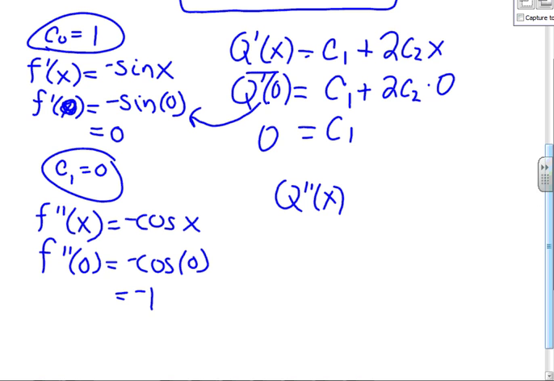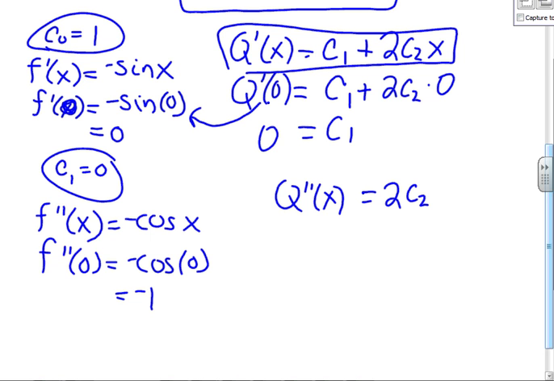Okay, I'm going to take the derivative of this one now. What's the derivative of C1? That's 0, right? Equals 2C2, right? And this has to equal this. Everybody agree with me on that? Yeah. Negative 1 equals 2C2. What's C2 equal to? Negative 1/2. Now I have the quadratic approximation.